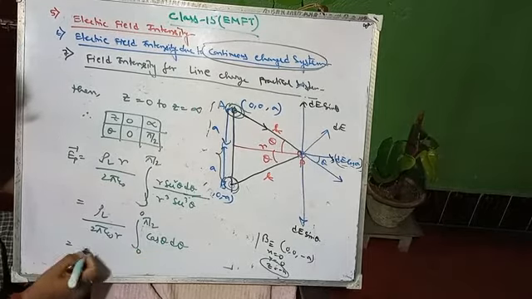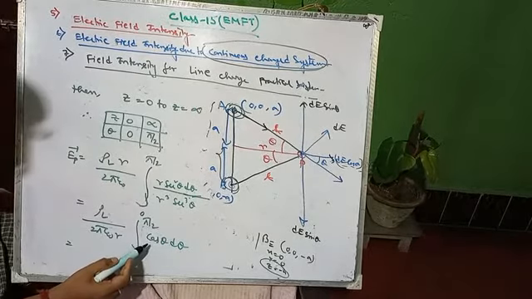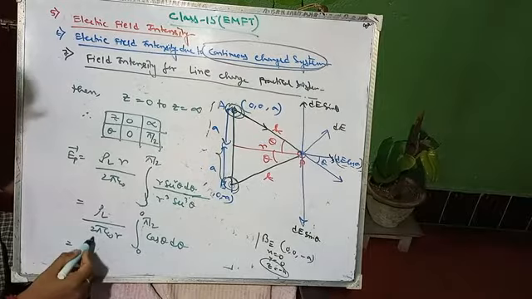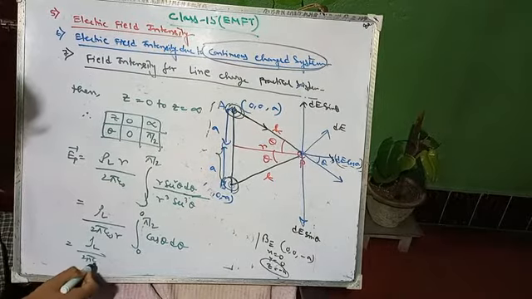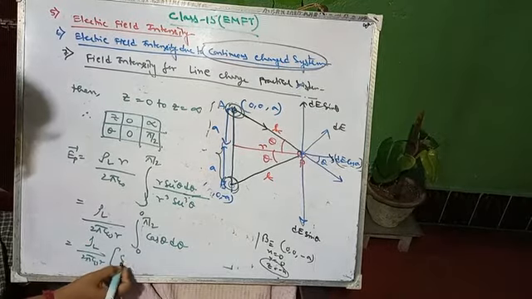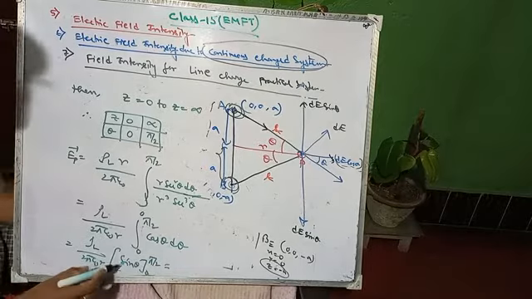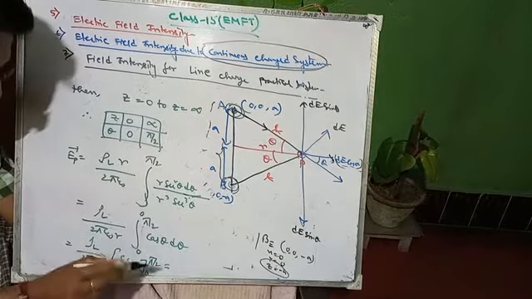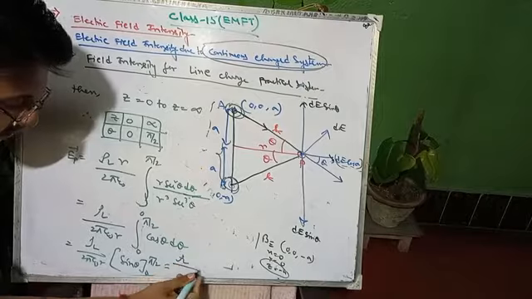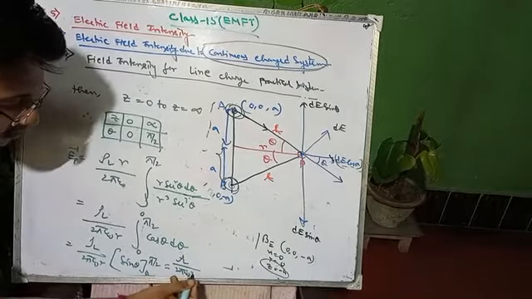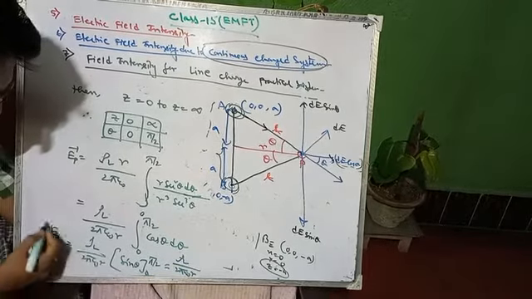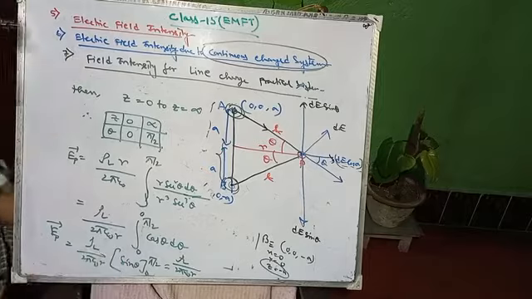Okay, so after integration cos theta means sin theta. So rho L by 2 pi epsilon naught into r, sin theta, and the limit will be 0 to pi by 2. Sin of pi by 2 will be 1 and sin 0 will be 0. So our ultimate answer will be rho L by 2 pi epsilon naught into r. Your result will be EP equals rho L by 2 pi epsilon naught into r.